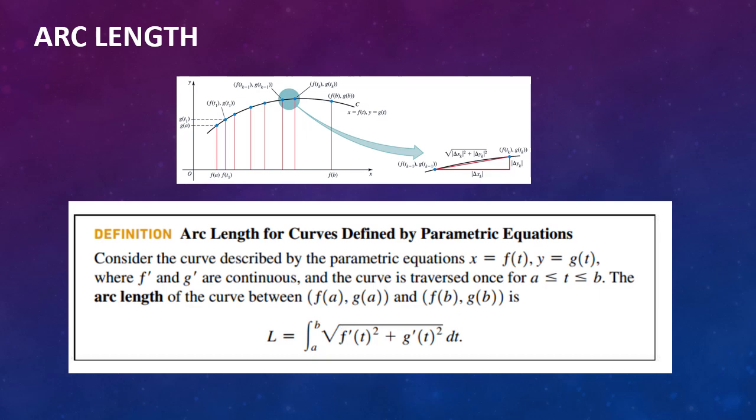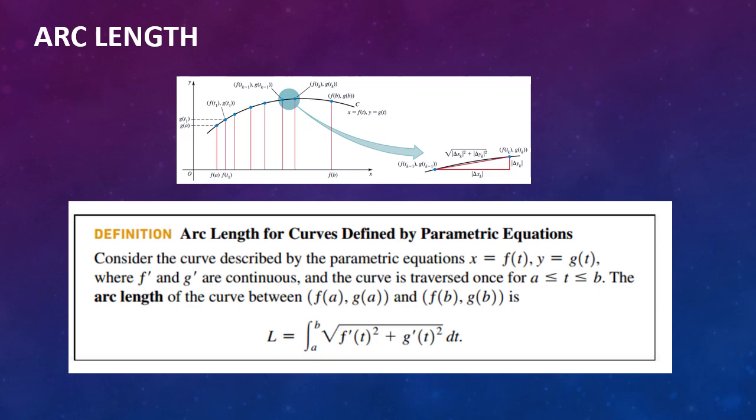You know, it's not a bad, I would say, 5-minute read, but the bottom line is the definition, as you see here on this slide. The arc length for curves defined by parametric equations. We know that x is defined by a function f of t, and y is defined by a function g of t, where their derivatives are continuous and the curve is traversed once for t between a and b.